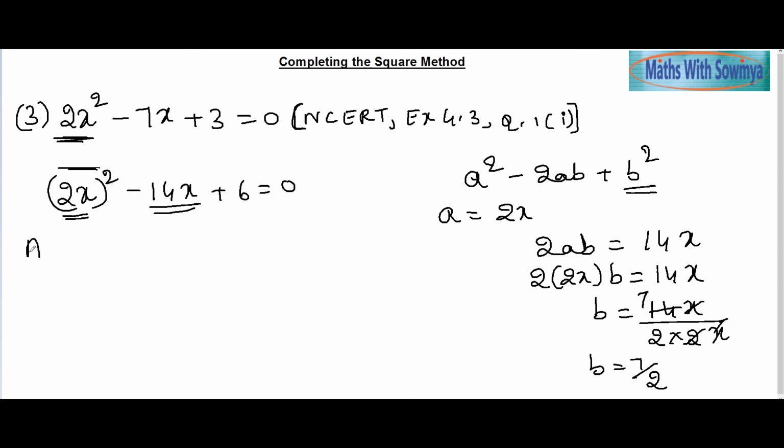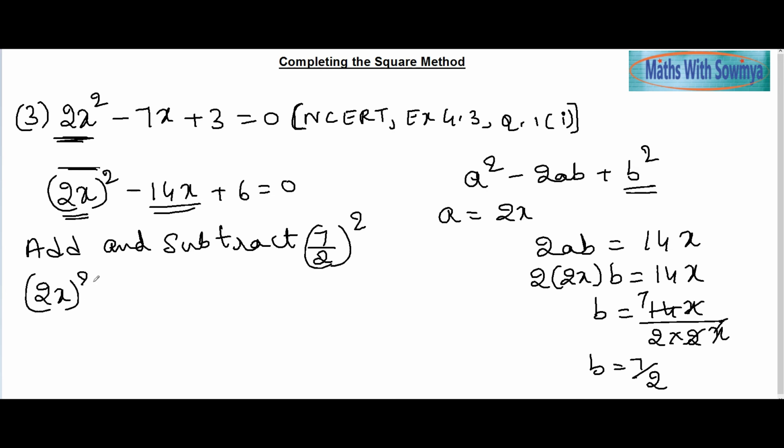So, here we shall say add and subtract 7 by 2 whole square, because a square minus 2ab plus b square, what is our requirement? So this is 2x square minus 14x plus 7 by 2 whole square minus 7 by 2 whole square, so that I am not disturbing the given equation.